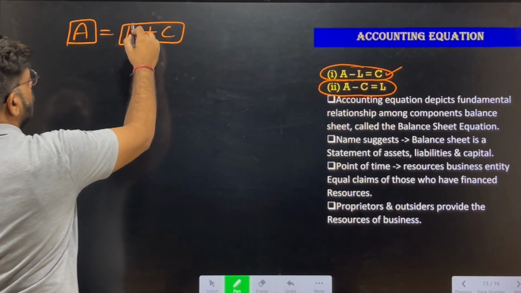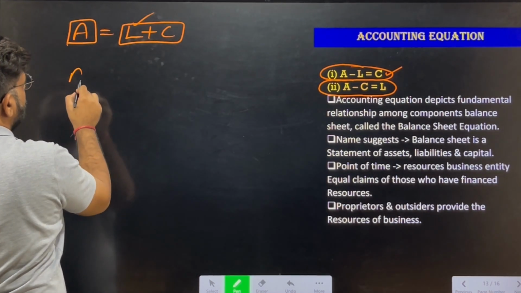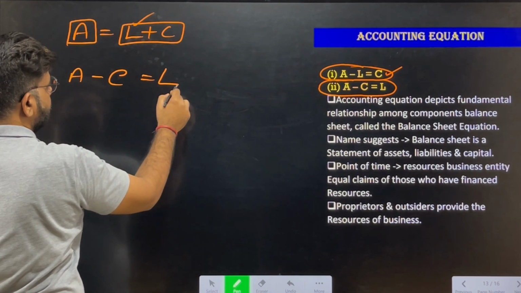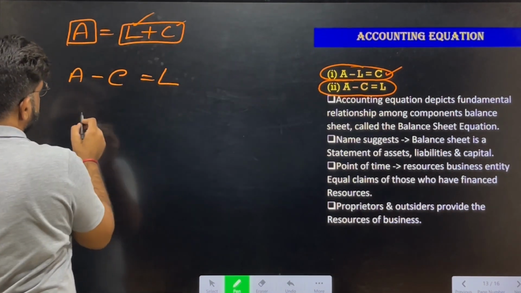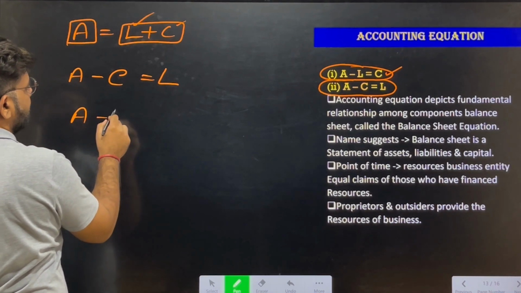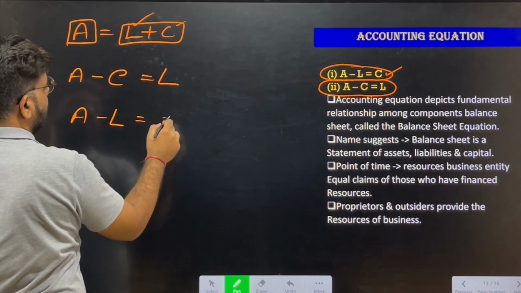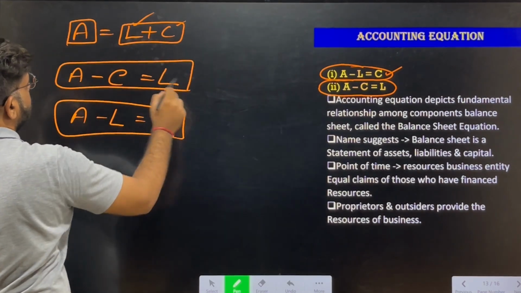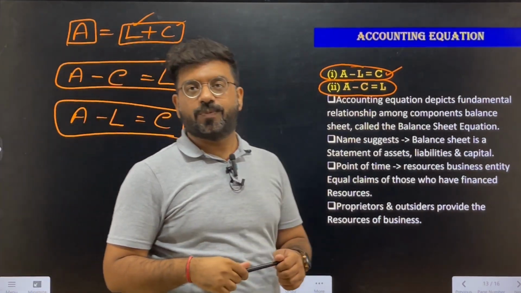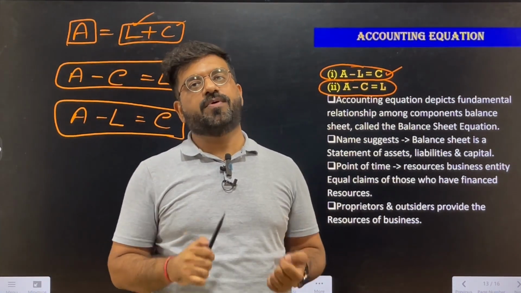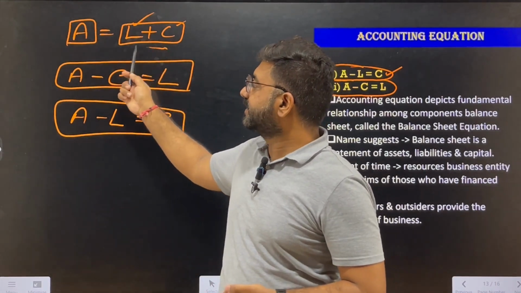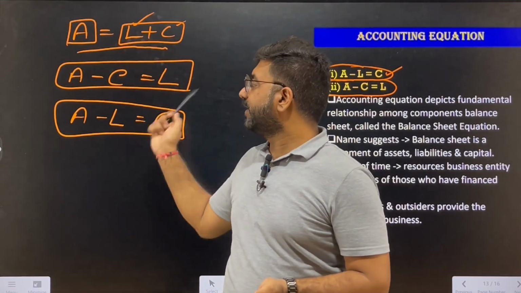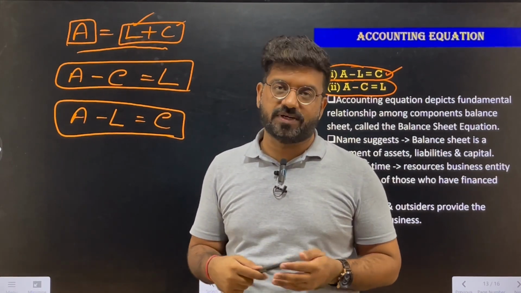If you want to know the amount of liability, you will simply deduct capital from the assets and you will get the liability. If you want to know the capital, you will deduct the liabilities from the assets and you will get the capital. So this is the derivative part of this accounting equation. But the main accounting equation is simply that assets are always equal to liabilities plus capital. Then only we will be able to find out these two types of missing figures.